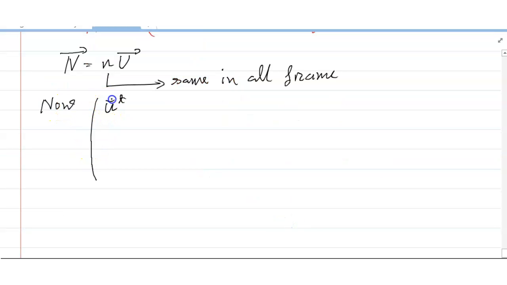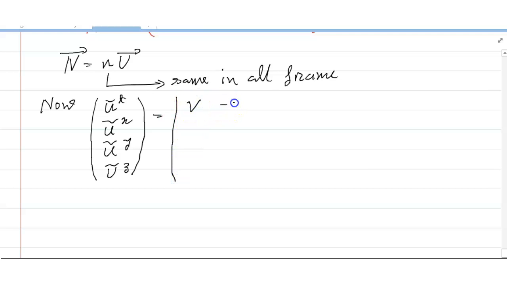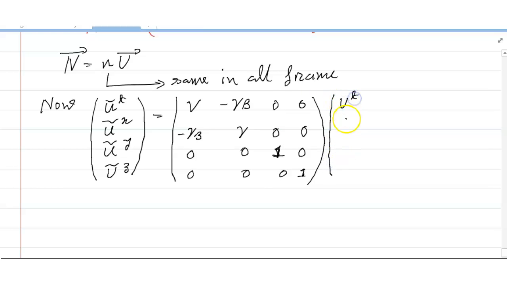Therefore, now (u tilde t, u tilde x, u tilde y, u tilde z) equals the matrix with rows (gamma, minus gamma beta, 0, 0), (minus gamma beta, gamma, 0, 0), (0, 0, 1, 0) and (0, 0, 0, 1), multiplied by (ut, ux, uy, uz).